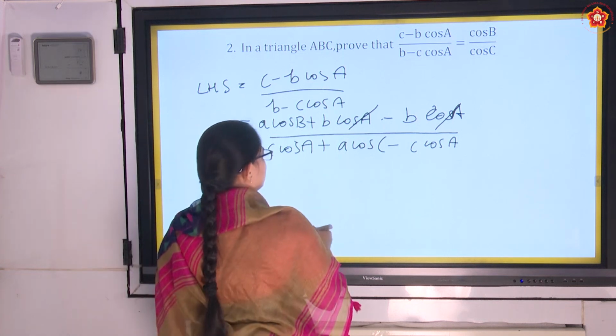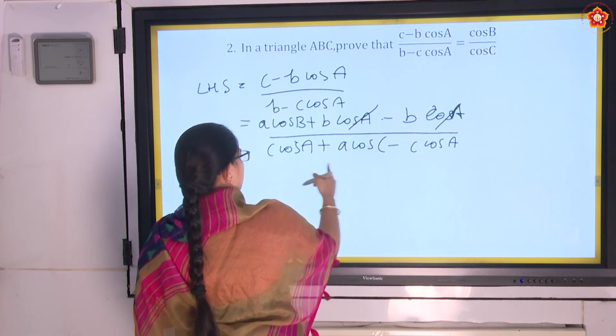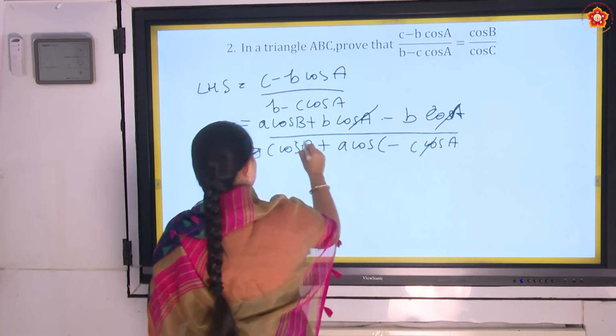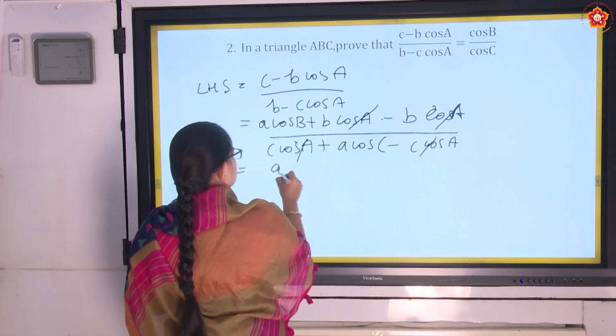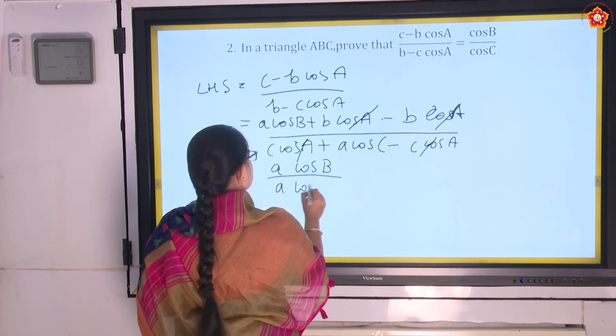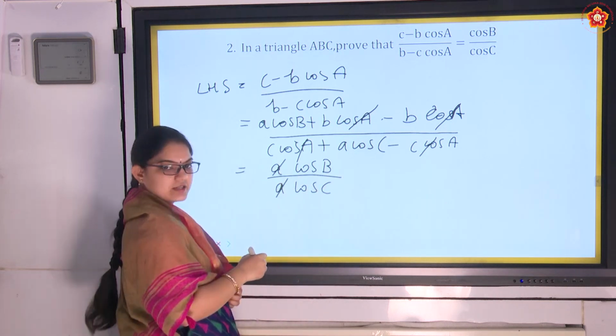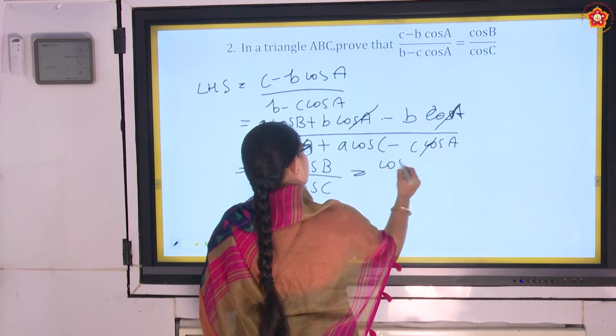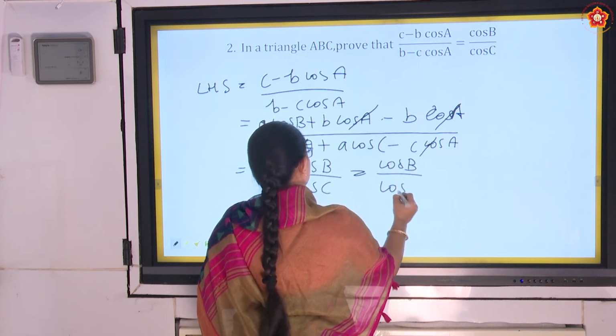And similarly in the denominator, plus c cos A minus c cos A is 0. So what is left? That is a cos B by a cos C. So a gets cancelled. What is left? That is cos B by cos C.